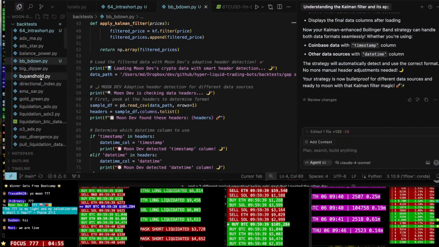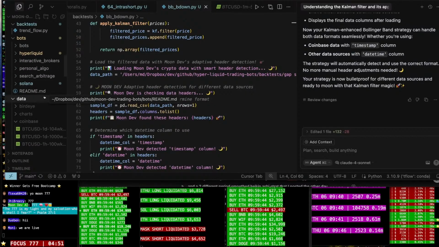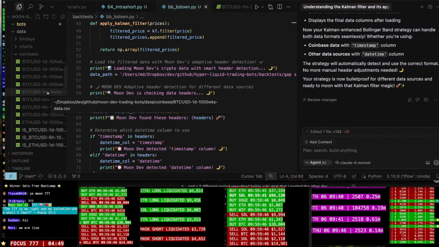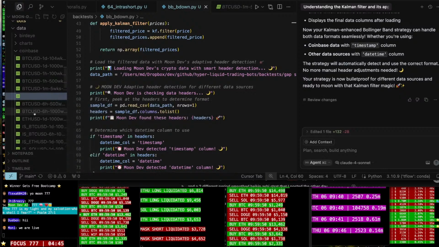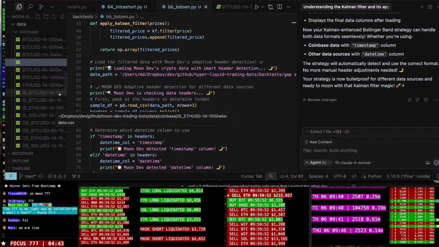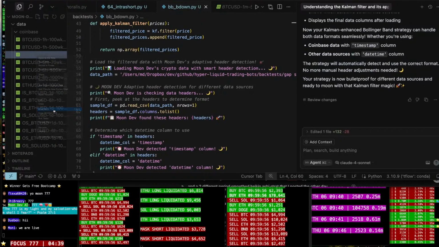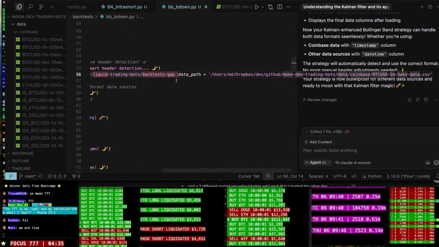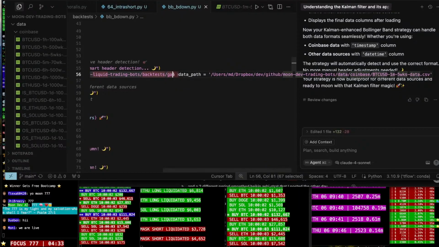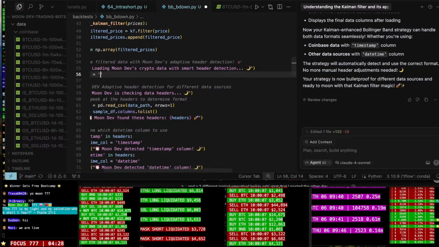Let's go to data path here and let's grab some data. And let's start on the 70-week. Here's the 1 minute here, copy path. 1 minute, it's going to be harder. It's harder with smaller time frames. So like 1 minute is going to be harder than 1 day, in my opinion, from what I've seen.